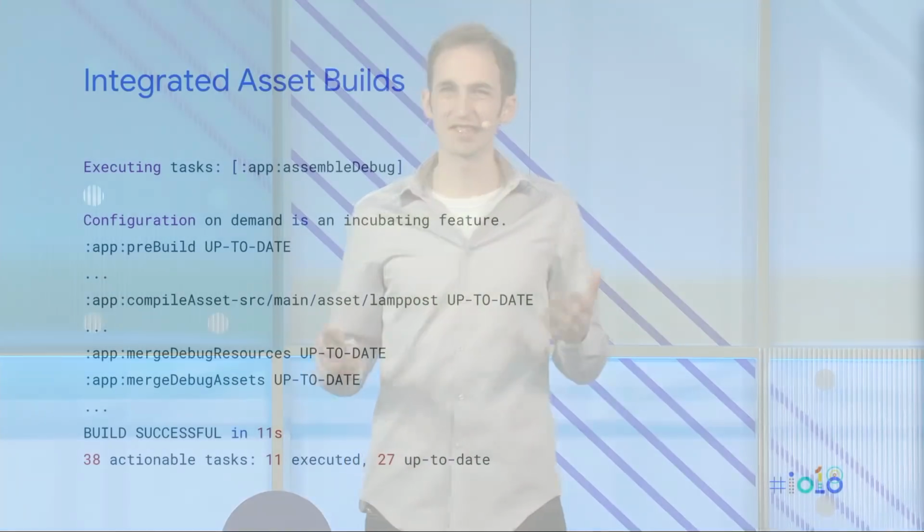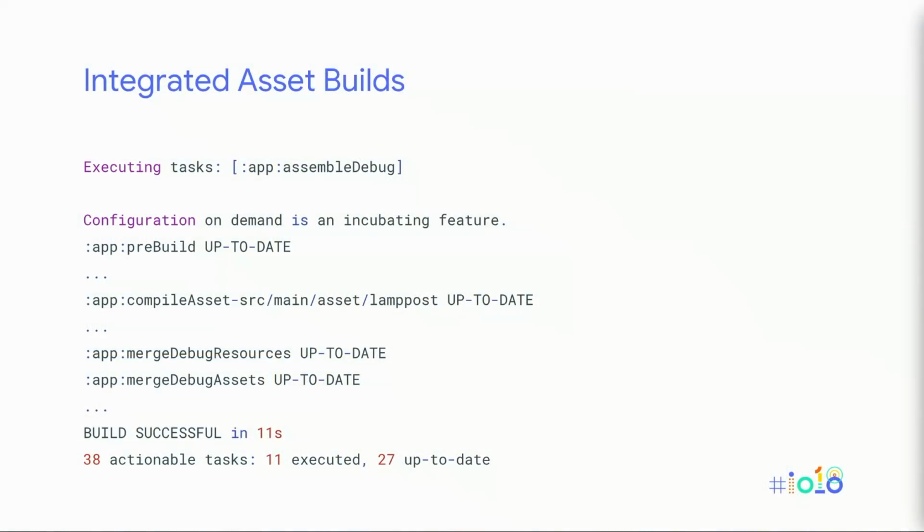And finally, once you build and you've got these asset rules in your project, you'll see that here I'm building an APK using the assemble debug rule in Gradle. And what you see is we're getting this compile asset task. And we have a compile asset task for each of the assets that we've added to our Gradle build.